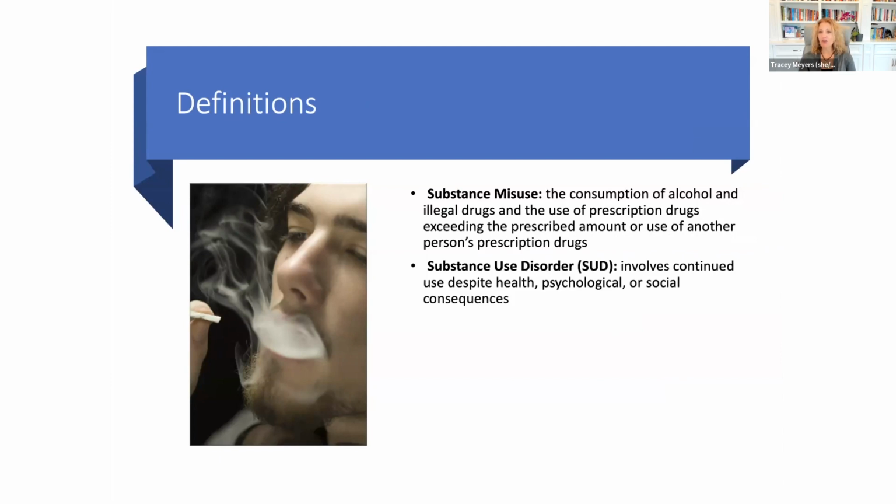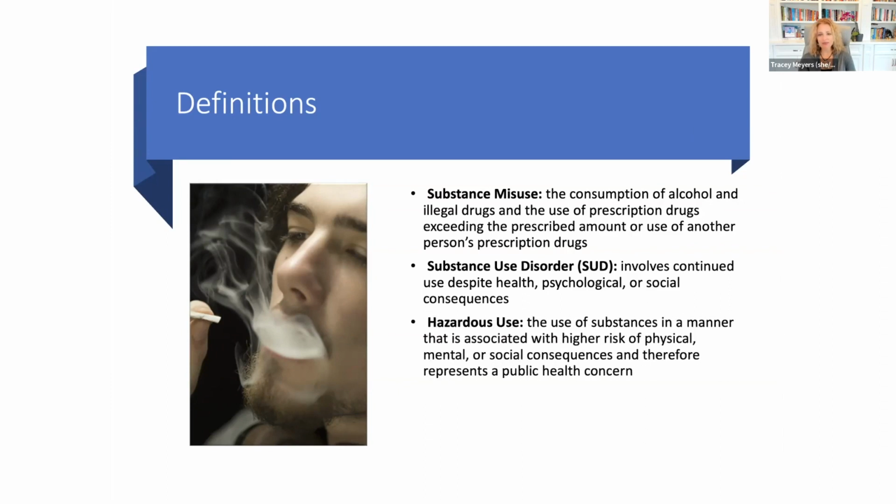A substance use disorder, which we're going to talk about ongoing in this presentation today, including the Diagnostic and Statistical Manual, DSM-5, talks about how a substance use disorder is continued use of a substance despite the health, psychological, or social consequences.